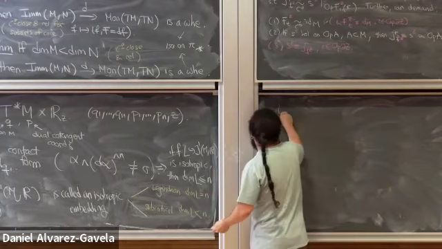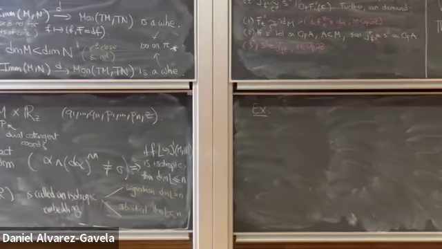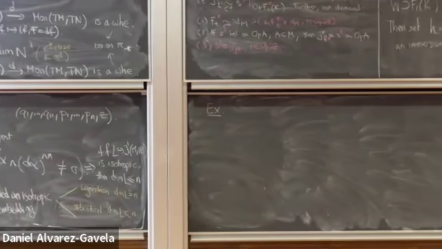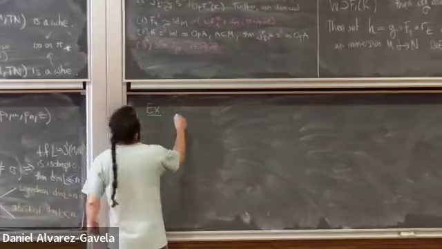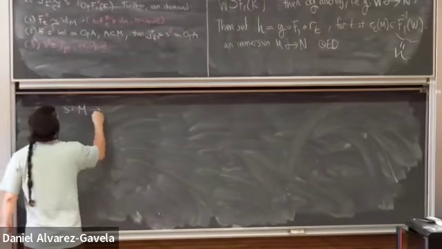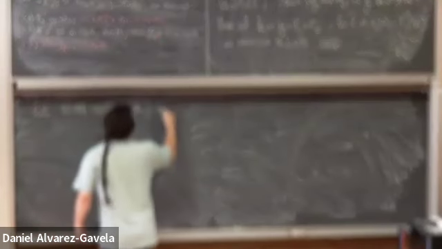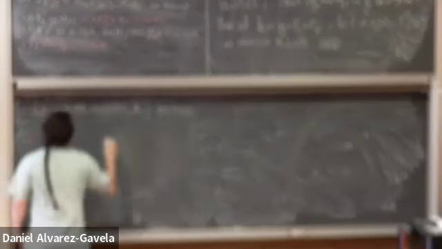So for example, suppose that I have a section. When is it isotropic?